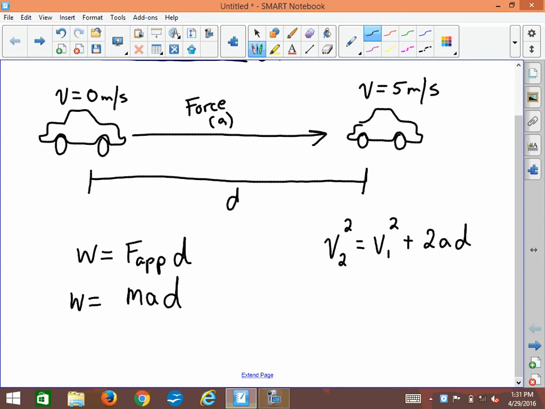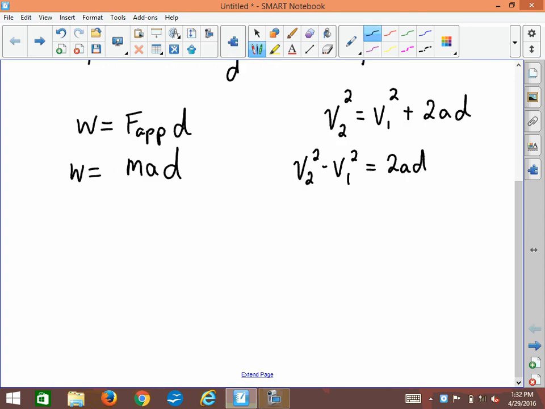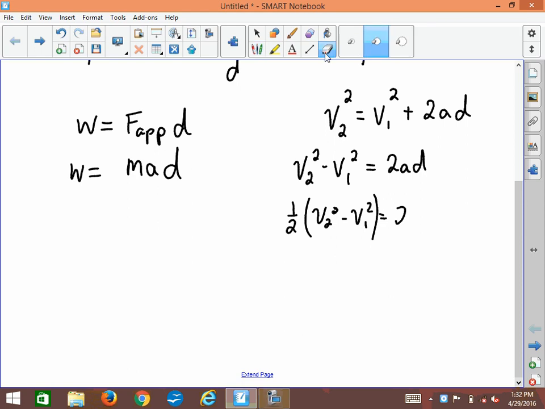And if I just move the v1 squared to the other side, I get this. And then if I divide both sides by 2, I get this, equals ad.